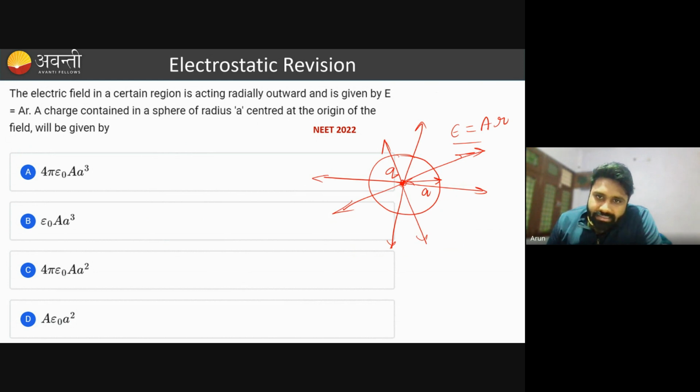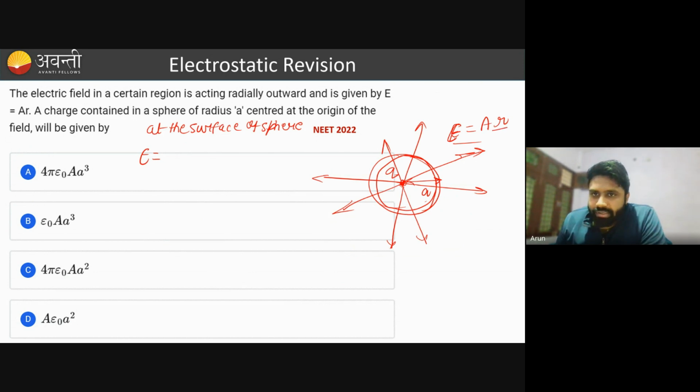At the surface of the sphere, what should be the value of the electric field? You need to put r = a, because it is varying as r. So A into small a.